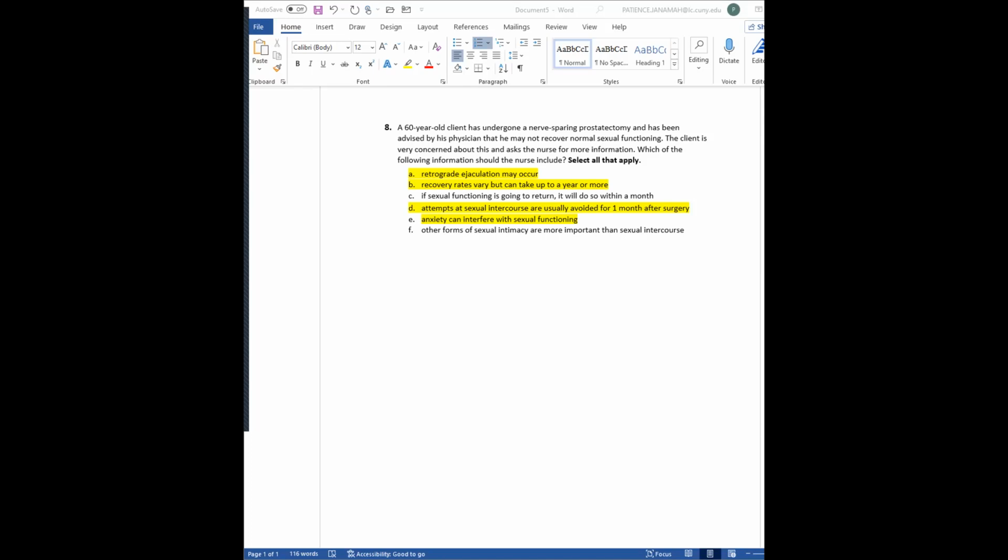The next one is ginseng. Ginseng will increase physical stamina to give you more stamina. It can also reduce tinnitus or ringing in the ears.